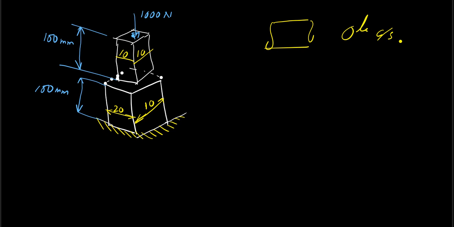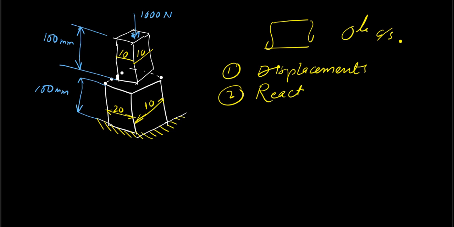Here also you need to find the nodal displacements, that is, displacements at different nodes, and also calculate the reaction force, and the stress and strain for both the elements.